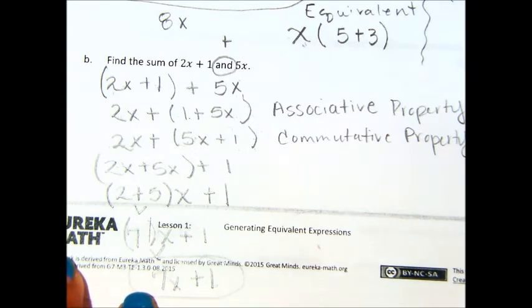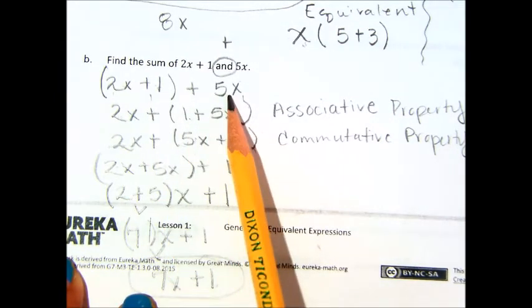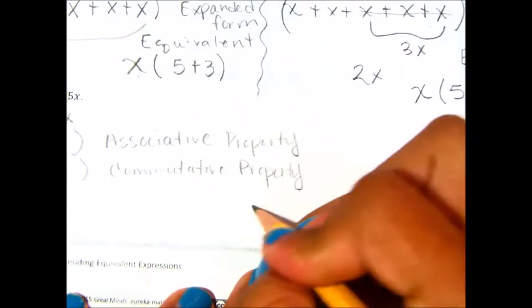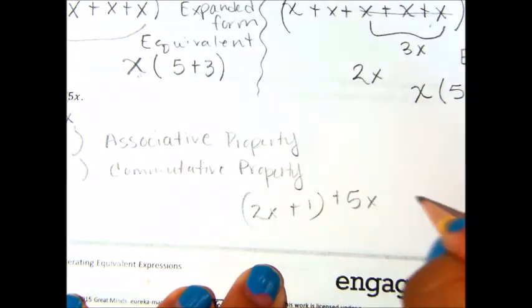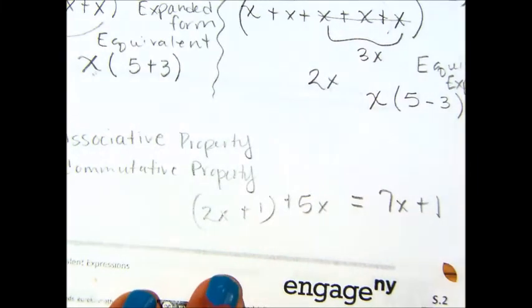How can we confirm that the expression 2x plus 1 plus 5x and the expression 7x plus 1 are equal? What could I do?